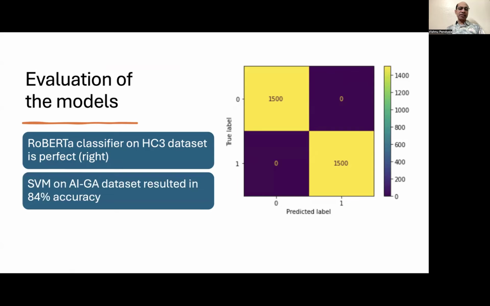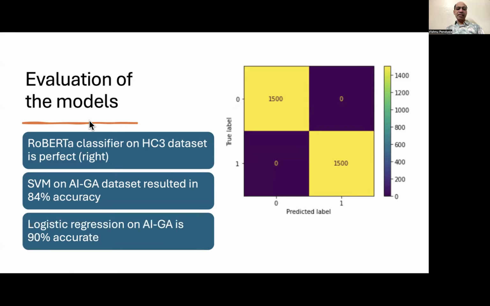Whereas support vector machines on the AIGA dataset resulted in 84% accuracy, and the logistic regression on AIGA is 90% accurate. So these models perform really well, though the visualization does not indicate so. The models perform really well. So that means when we reduce the dimensions to just two, I think the dimensionality reduction techniques are throwing away some valuable information.